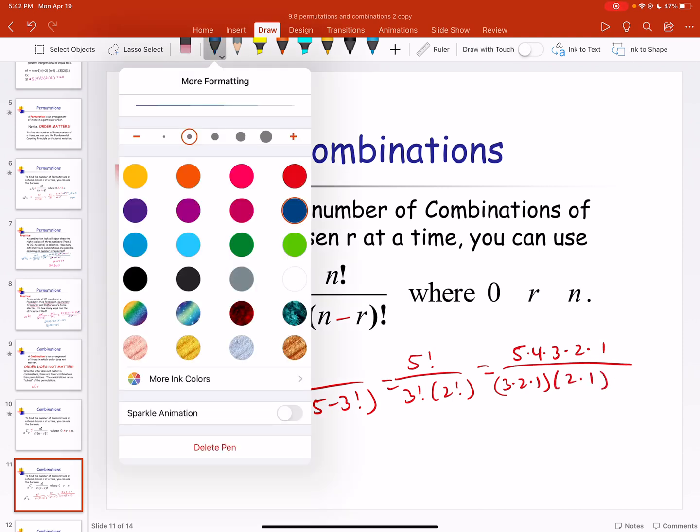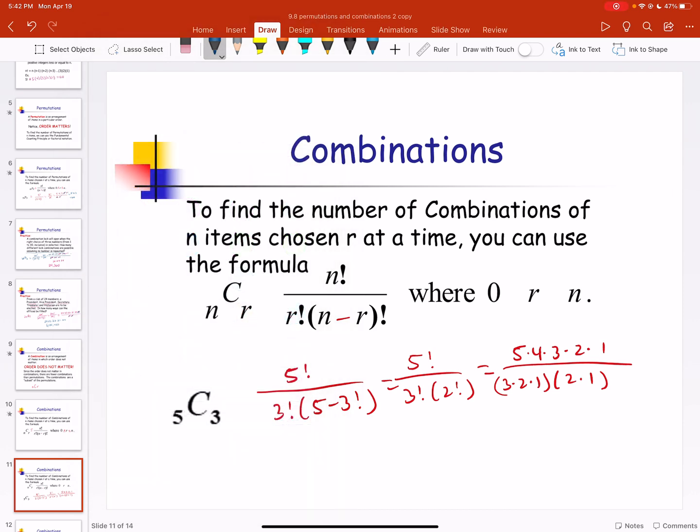So you're noticing you're dividing by a much larger denominator, and that's going to make the number of terms go down. So 3, 2, and 1 can cancel out, but not the 2 and the 1 down below. So we have 5 times 4 over 2 times 1, which is 20 over 2, which is 10 different combinations.